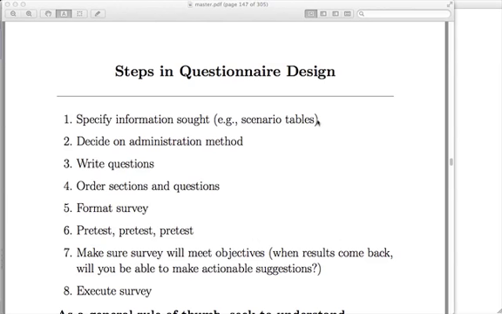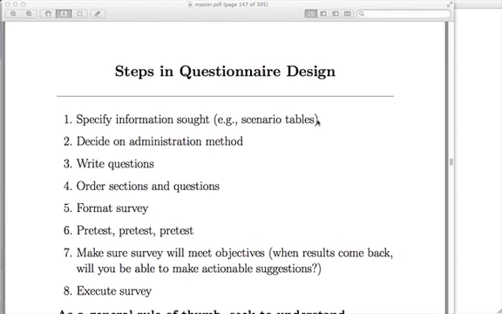And in that article, I said that you want to begin with the end in mind. So you want to think about, what decisions are you trying to make? And then you want to think about what information do you need to make those decisions?